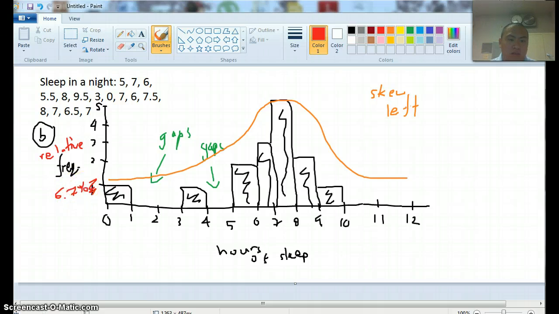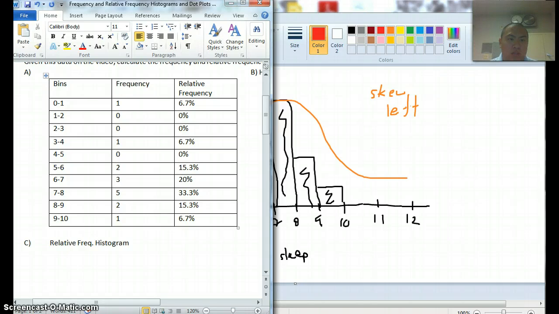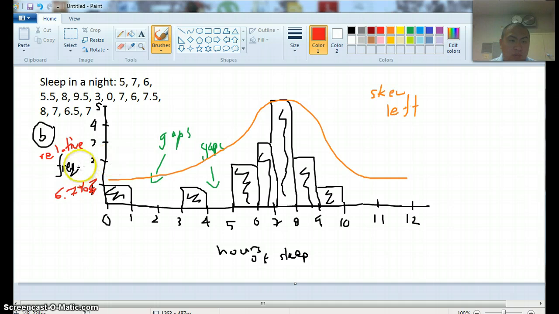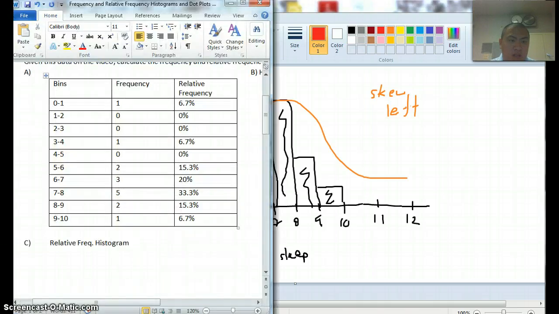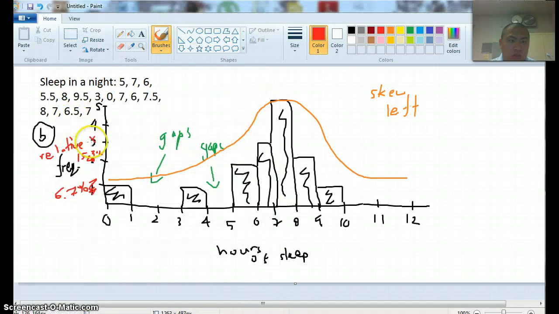What was the percentage if it was 2? Percentage if it was 2 was 15.3%. So I changed this to 15.3. And the next one, if it's 3, would be 20%. Sorry, it's hard to see.